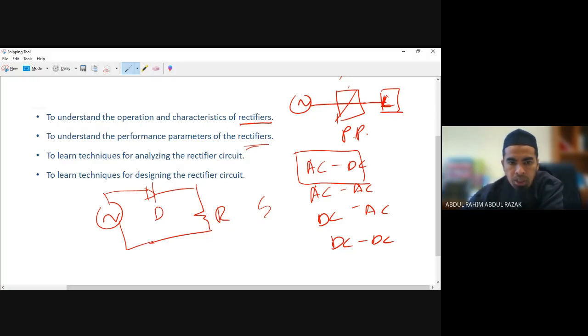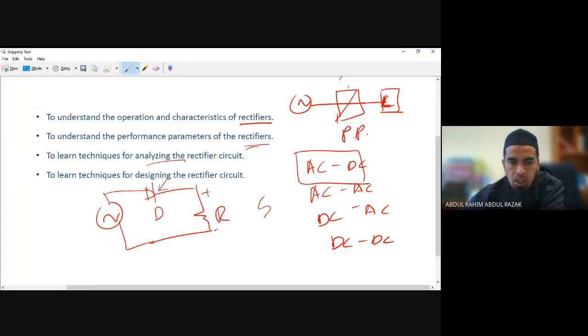Okay, how the operation of this circuit works and how the performance of the diode itself. Then how to analyze the circuit and what you expect to get from this output. How to analyze the output, and how to determine the voltage level of the output here.